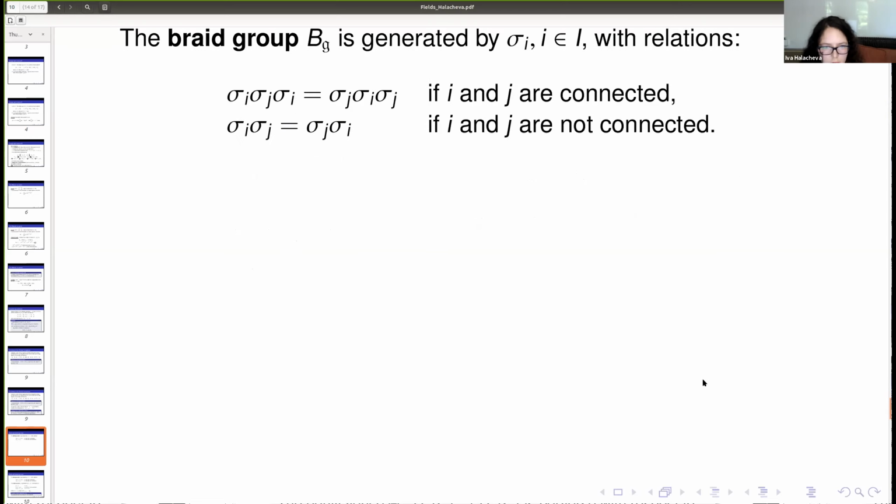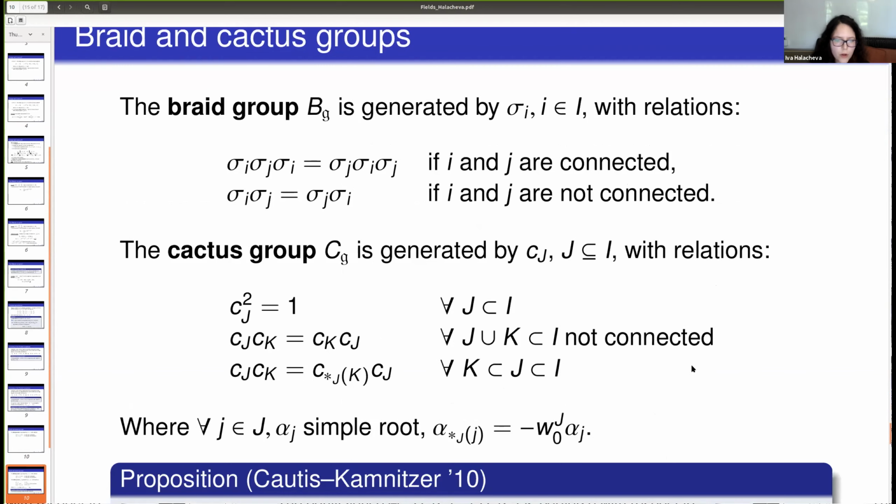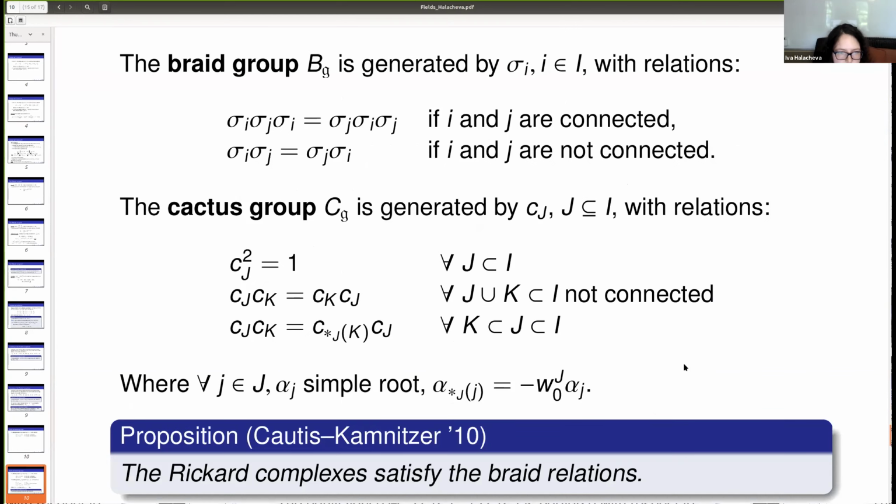And we also have a cousin of this braid group, which is the cactus group, which is now generated by elements indexed by connected subdiagrams of the Dynkin diagram. So again, we can define this using the Dynkin diagram, and they have several relations.